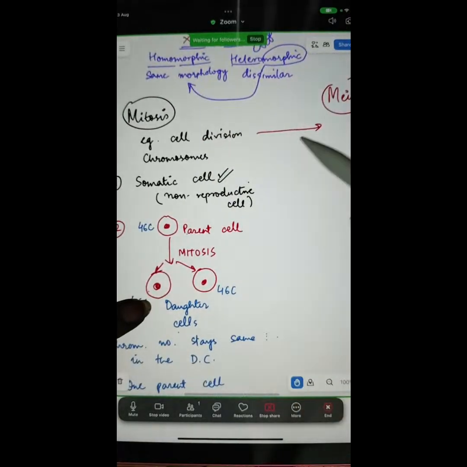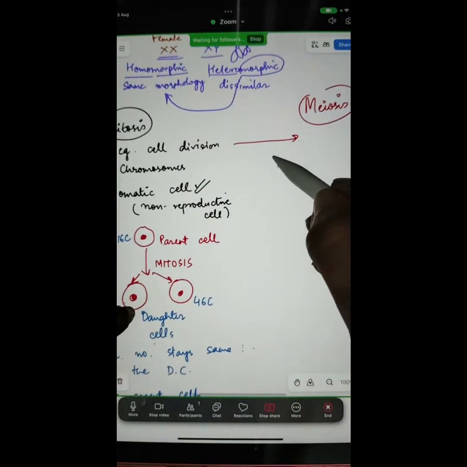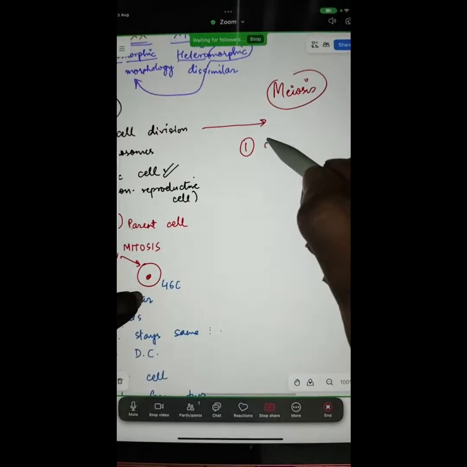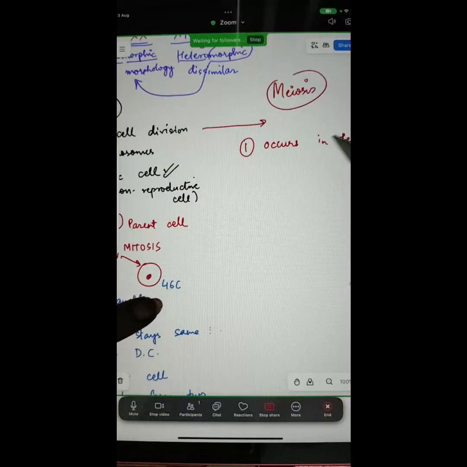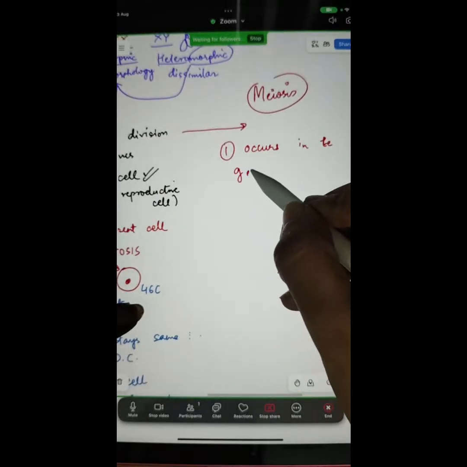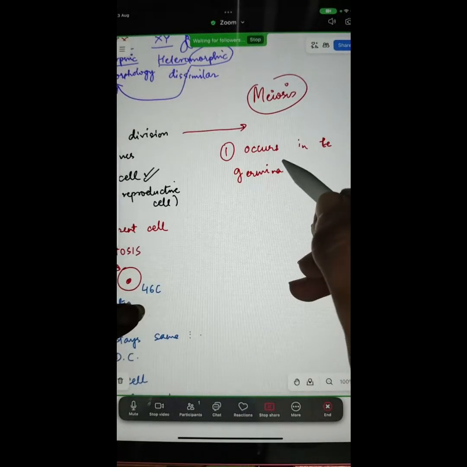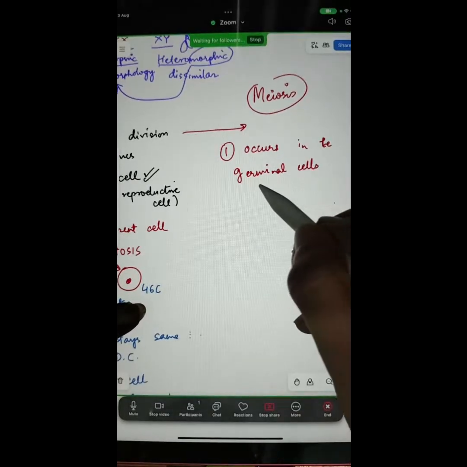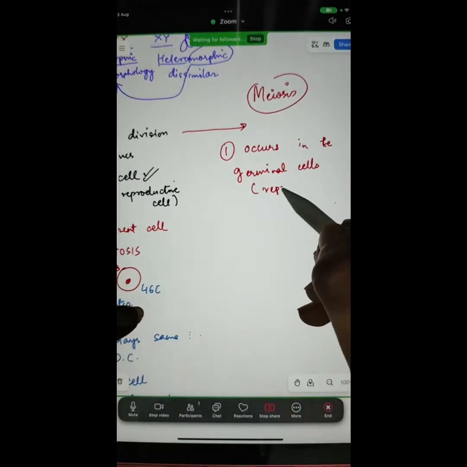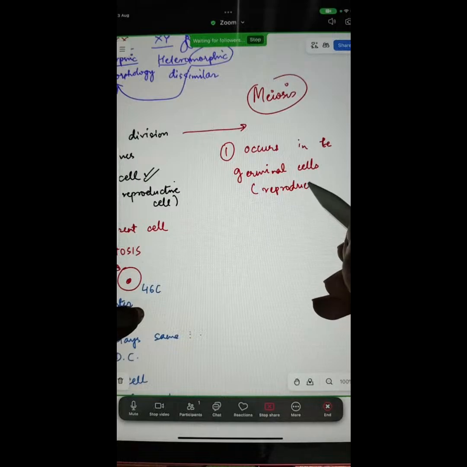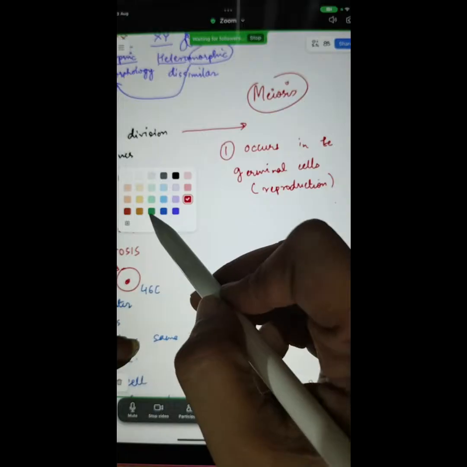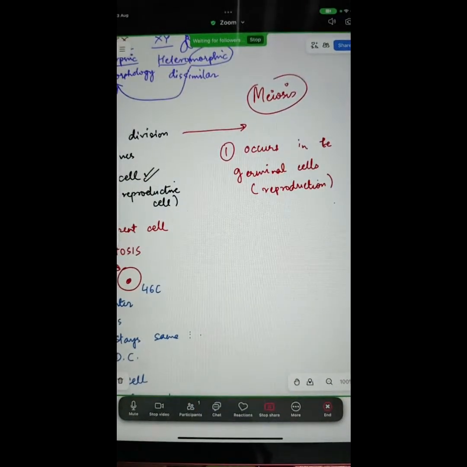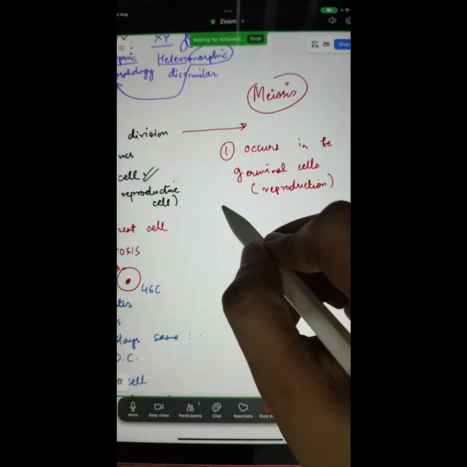Remember, we have written first that it occurs in the somatic cell. So here we are going to write that it occurs in the germinal cells, right? Germinal cells are the ones that will be helping in reproduction. So the cells that will be helping in reproduction, they will undergo meiosis, right?